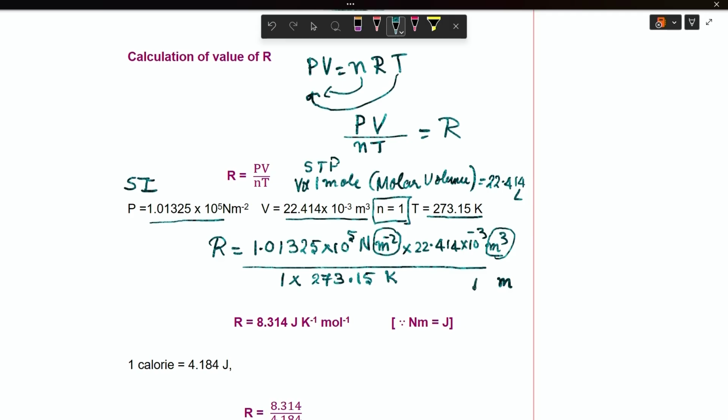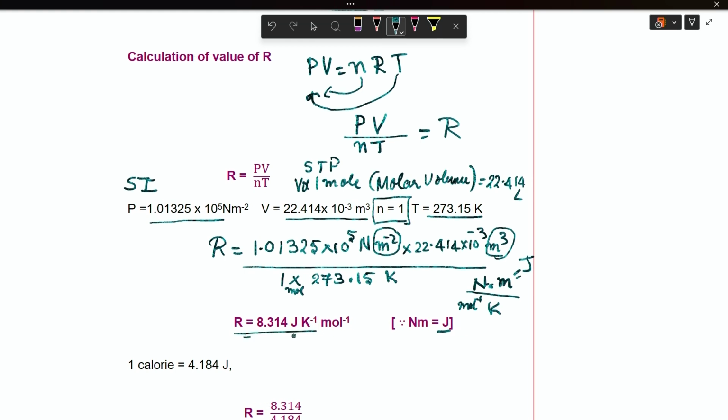We have Newton, and this Newton multiplied by meter is known as the joule, and therefore, that can be replaced as joule, and we have Kelvin at the denominator, so this is K raised to minus 1. So, this is R equals 8.314 joules per Kelvin, and that is for 1 mole, and therefore, that is per mole, because here I forgot to write it as mole. So, that is mole raised to minus 1.